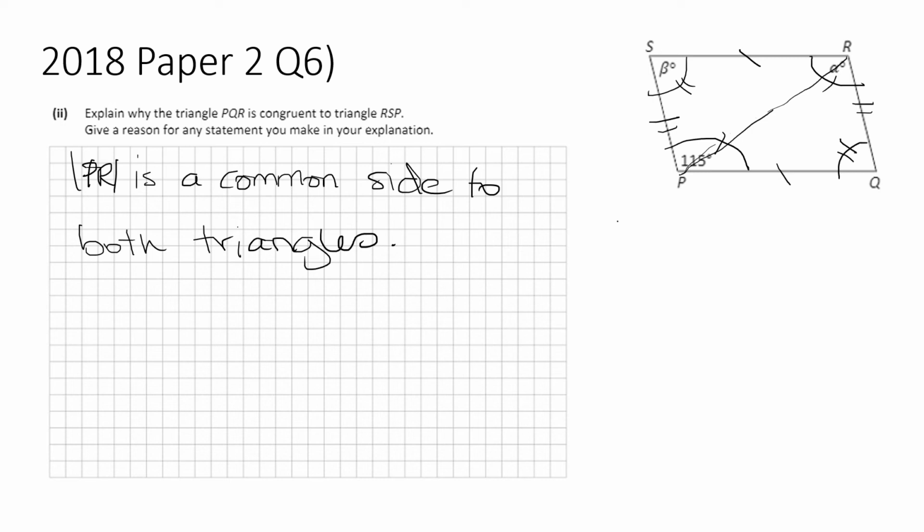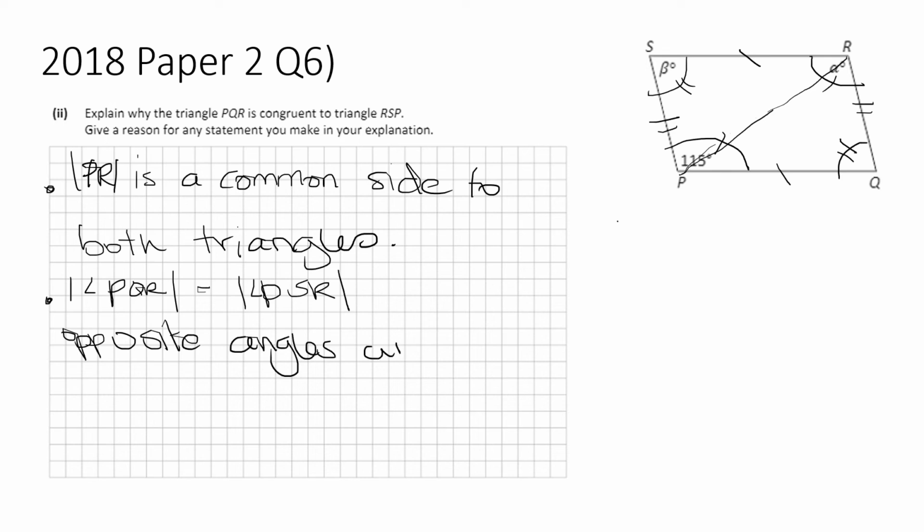Then we know that angle PQR is equal to angle PSR, and that is because opposite angles are equal in a parallelogram.